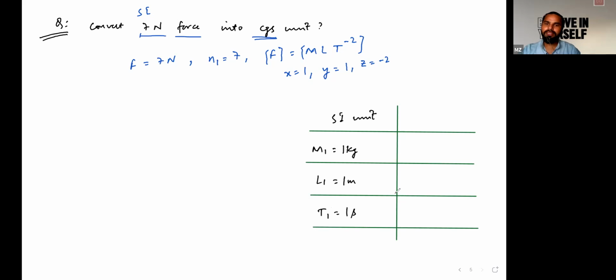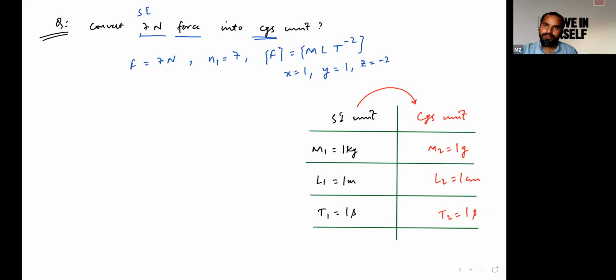We have to convert it in terms of CGS unit. So the second part is the CGS unit, in which mass is calculated in gram, length is calculated in centimeter, and time is in second. So now we have to convert it to this part.